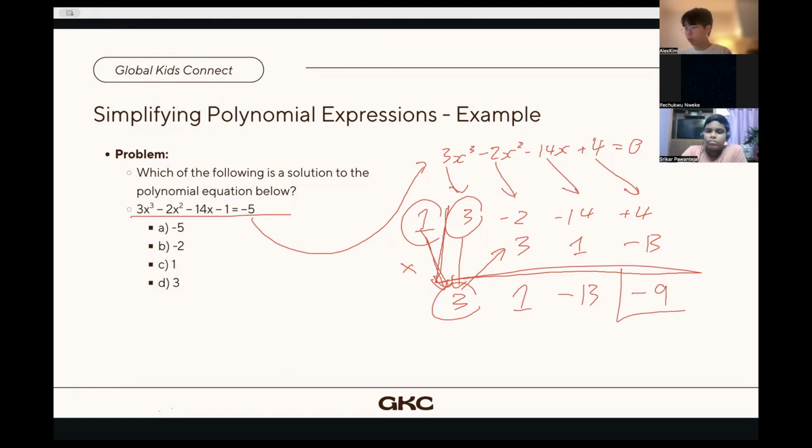And so what this method is talking about. Right now you might be confused, thinking, okay, we did this, but what does this mean mathematically? So this is another method of dividing a polynomial by a linear equation.